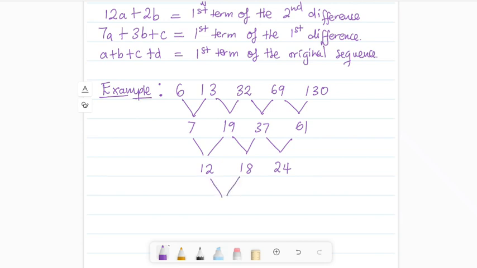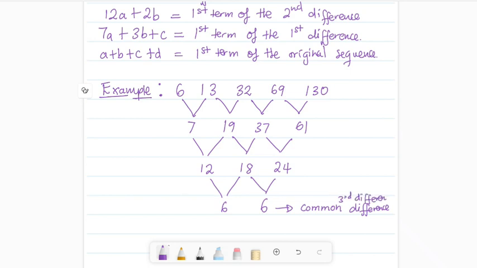You carry on with your subtraction. 18 minus 12, we have 6. Then 24 minus 18, we have 6 again. So once these numbers look the same, then it means we have a common difference. Since the common difference came out the third time when we're subtracting, this is a cubic sequence.